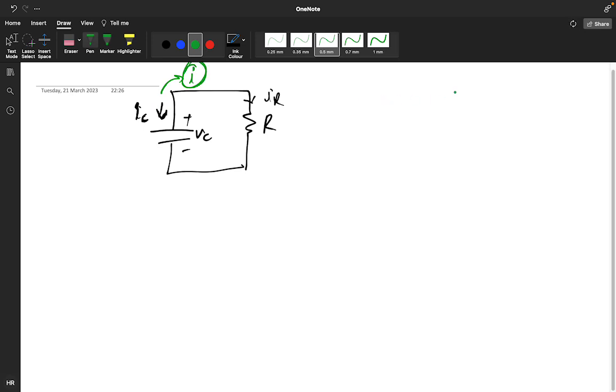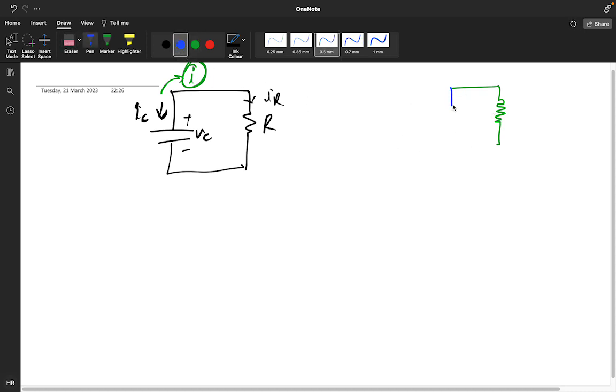And for the inductor, what was happening? The current direction was the same.